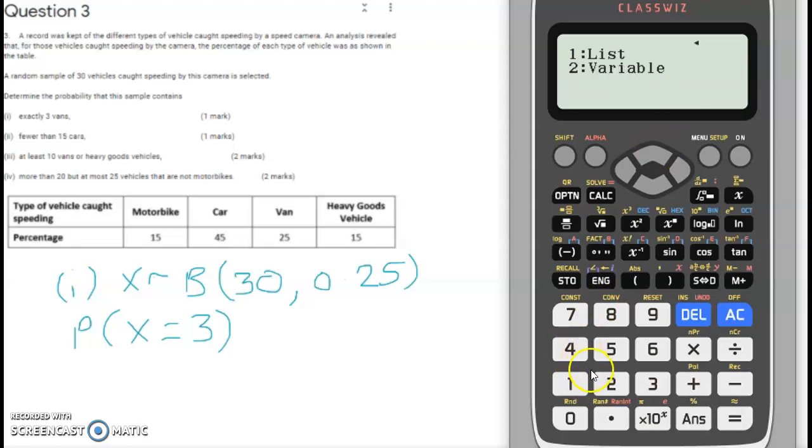As I only want one number, I'm just going to go for variable, where my x value is equal to 3, my n value is equal to 30, and my p value is equal to 0.25. I can do this in the formula nCr p to the r q to the n minus r, and it should give me the same answer. 0.02685.